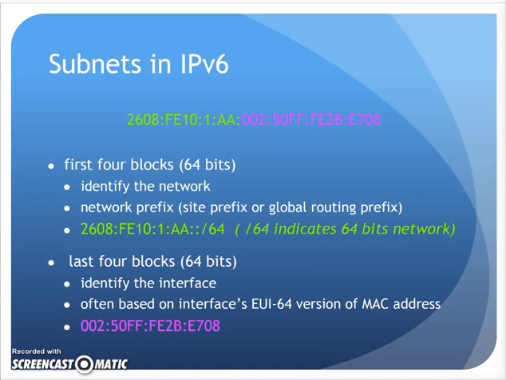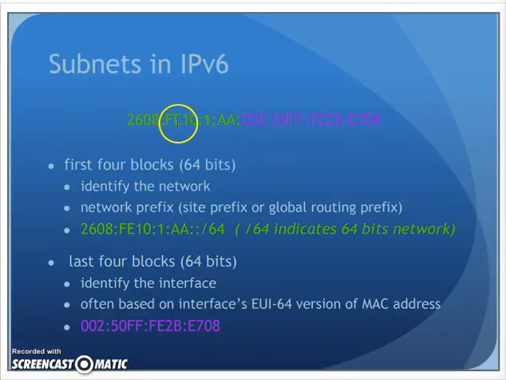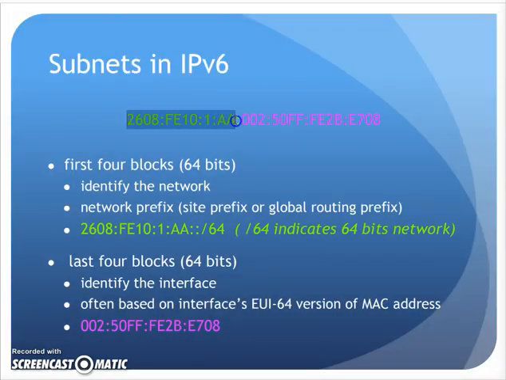Alright, this should hopefully be a refresher from way back in Chapter 3. If I have an IP version 6 address, and this is the one they had in the book for you, the first 4 blocks, the first half, if you will, is your network prefix, your network ID, the network portion if you had to compare it to IP version 4. Also called a site prefix or global routing prefix.